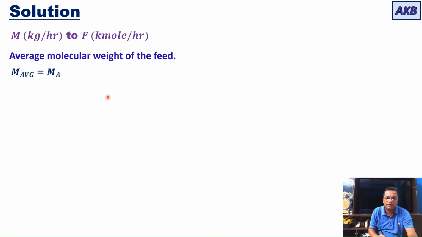And how are you going to calculate the average molecular weight? Average molecular weight is equal to Ma into Xf plus Mb into 1 minus Xf. That is the molecular weight of A into its mole fraction in the feed plus the molecular weight of B into its mole fraction in the feed. Now, you may wonder why it is 1 minus Xf. Because there are only two components, A and B, the sum of mole fractions of the two components is equal to 1.